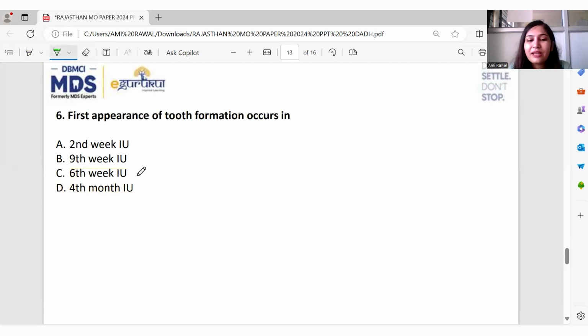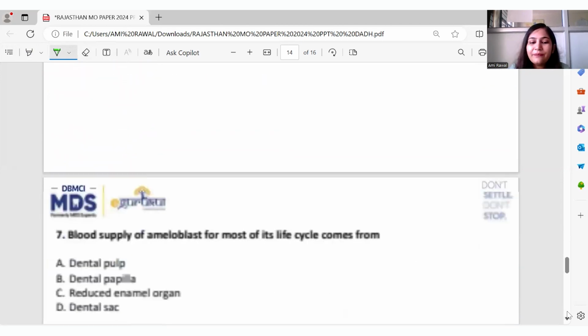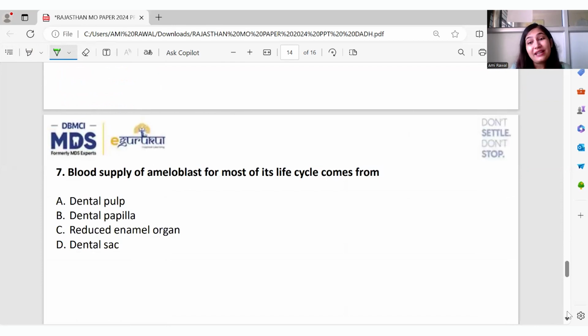Because at about 6th week, there is a rupture of the buccopharyngeal membrane and there is a connection between the epithelium and the connective tissue. Again, the same point: interaction between the epithelium and the connective tissue leads to the initiation of tooth development. So the answer here is 6th week.